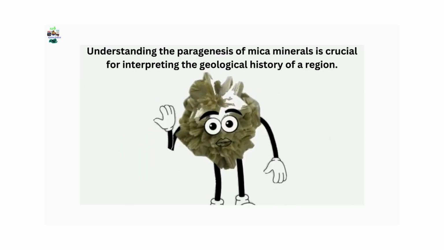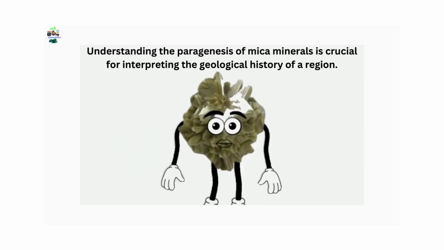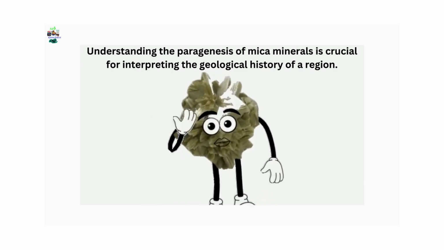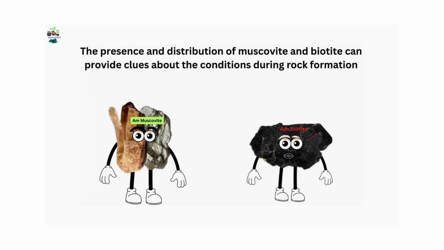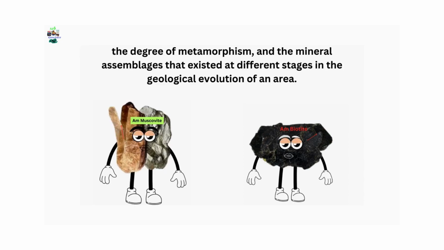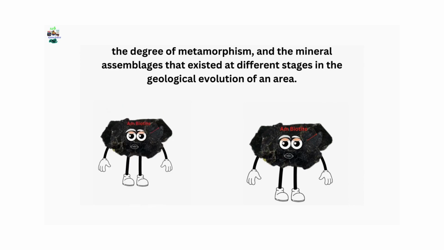Okay? Understanding the paragenesis of mica minerals is crucial for interpreting the geological history of the region. The presence and distribution of muscovite and biotite can provide clues about the conditions during rock formation, the degree of metamorphism, and the mineral assemblage that exists at different stages in the geological evolution of an area.